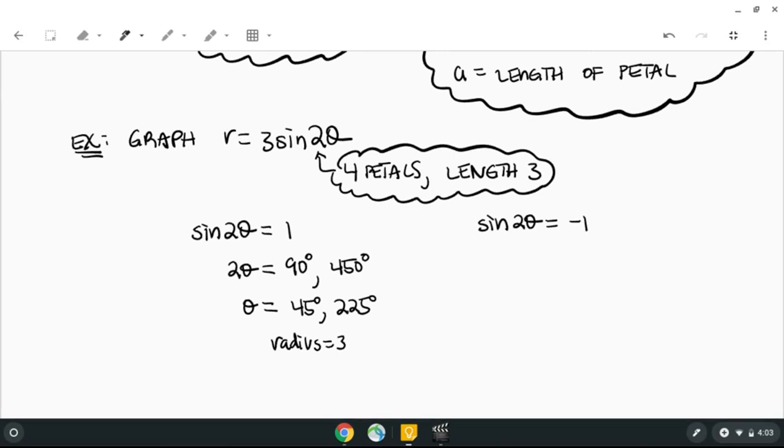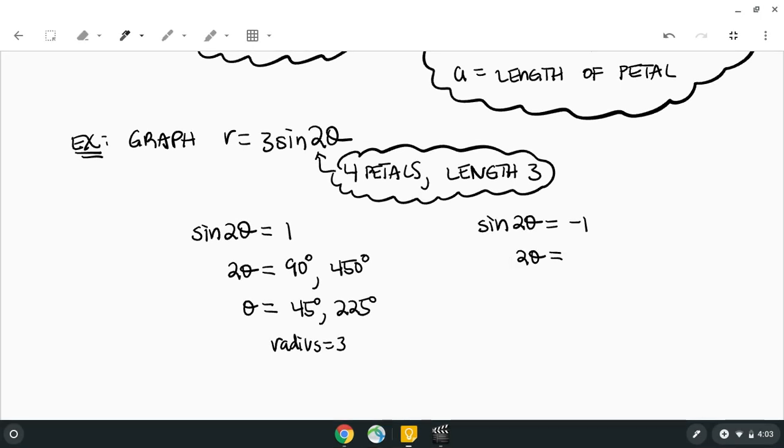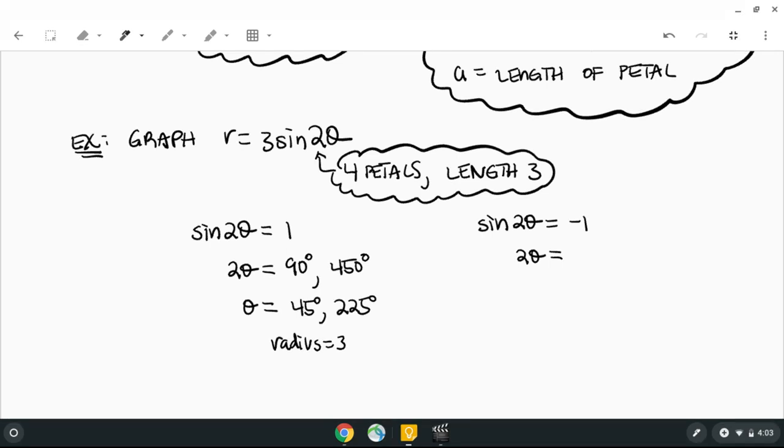That happens when this angle 2 theta is at 270 degrees. That's when sine is -1. But since we're solving for 2 theta, I'm going to add another circle to this, and that's going to give me 630 degrees.